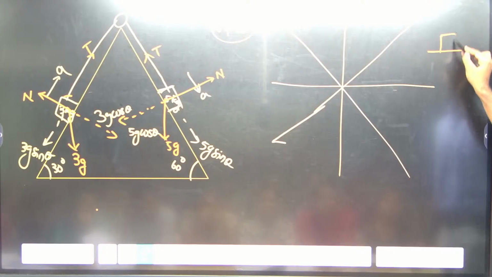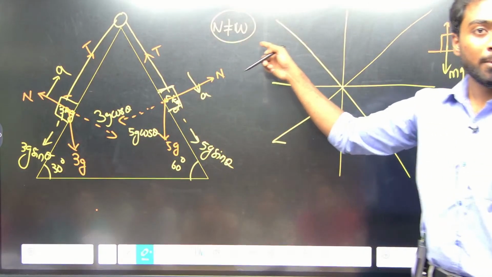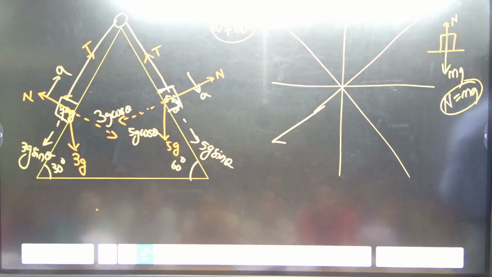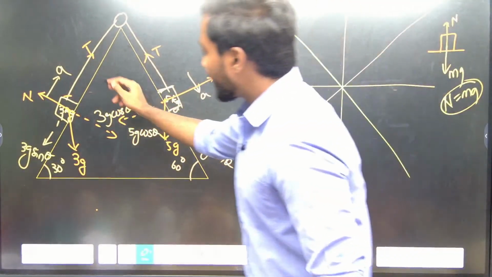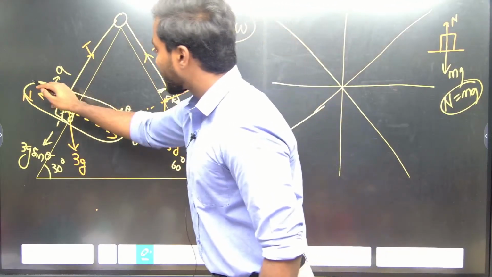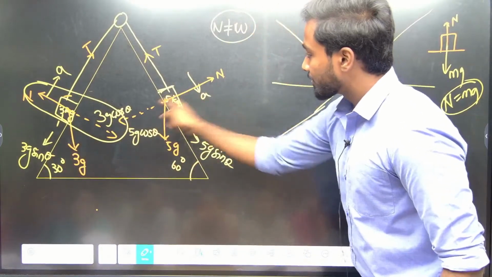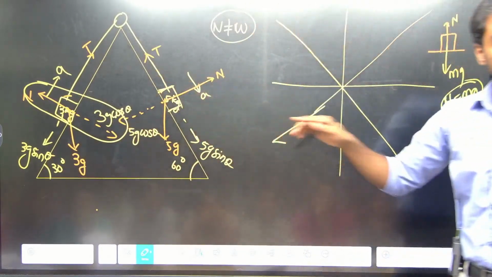In this case I can say this is the normal force and this is my mg, so N will be equal to mg. But in this kind of case I can't say the normal force and weight are equal. So I should take the components. When you are taking the components, always remember this one will be cos theta and this one will be sin theta. Similarly this is cos theta and this is sin theta.